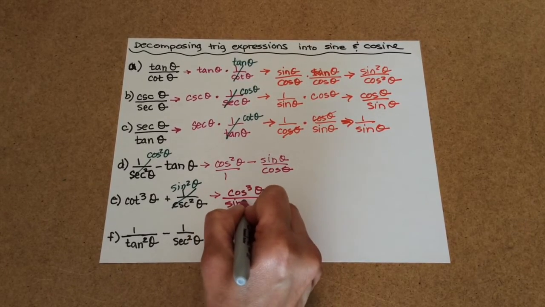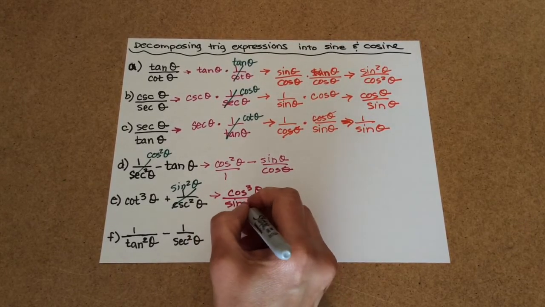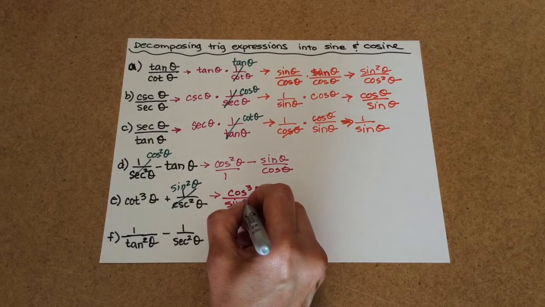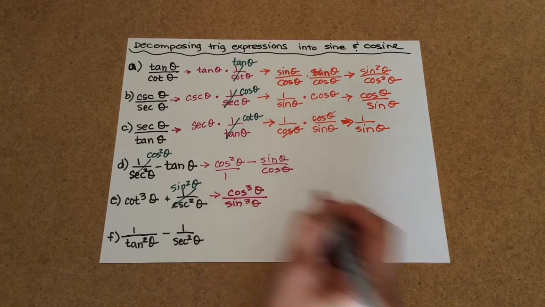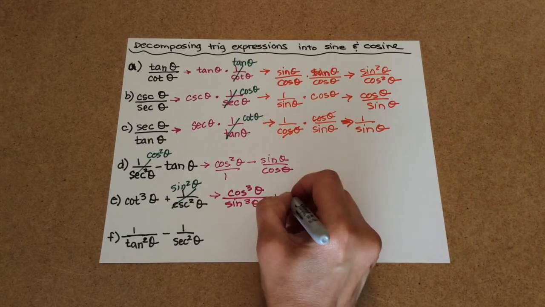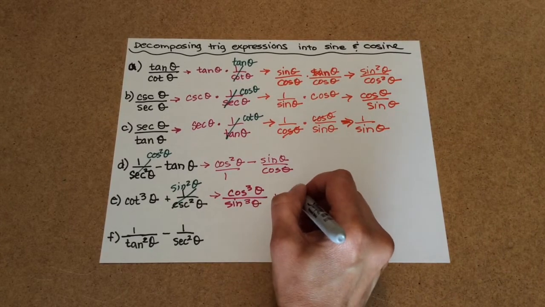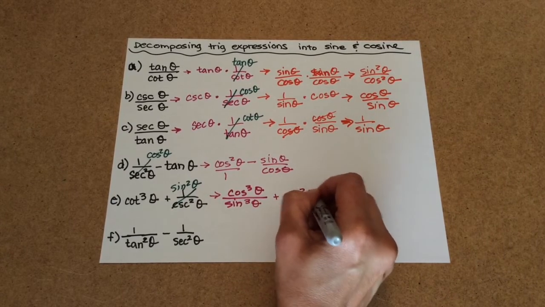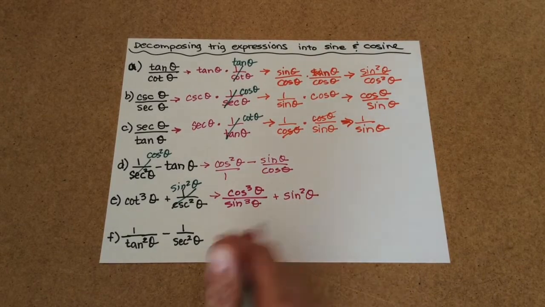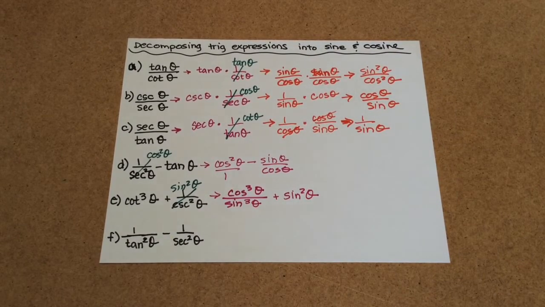So it's cosine. If I said cosecant, I apologize. Cosine cubed theta over sine cubed theta. Plus, we've already converted the cosecant into sine. Again, we could continue to combine like terms, but not for today.